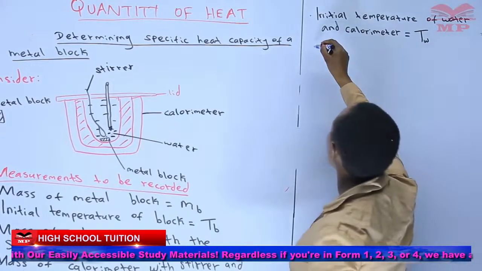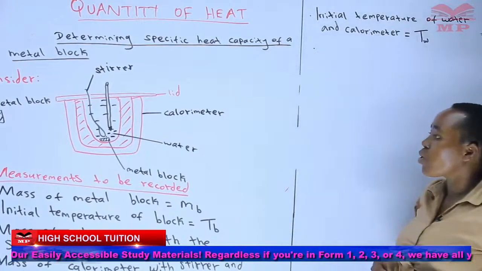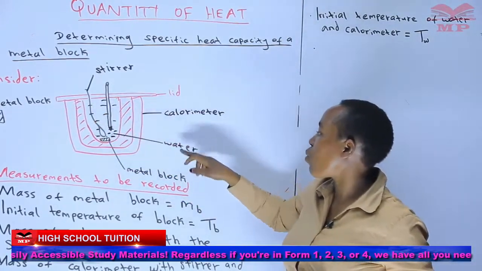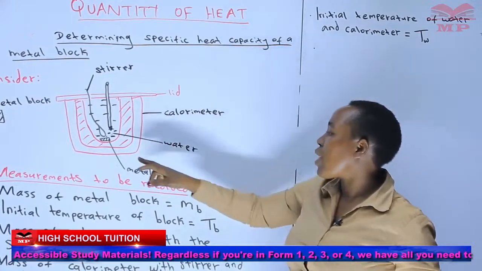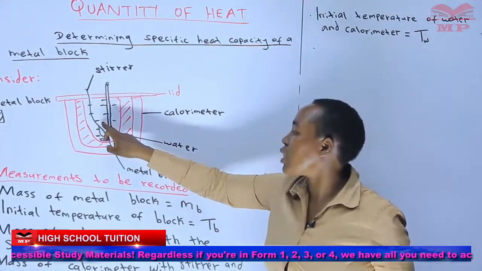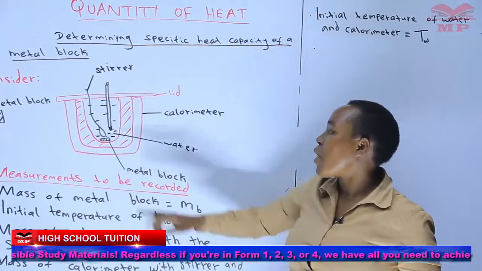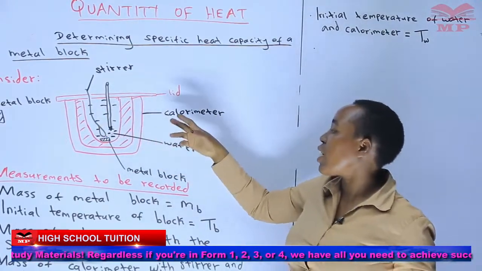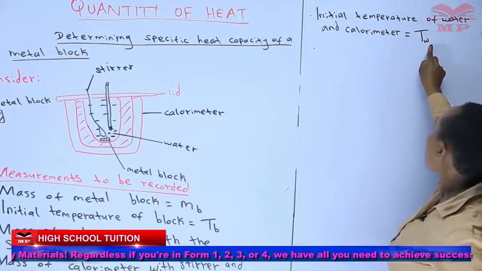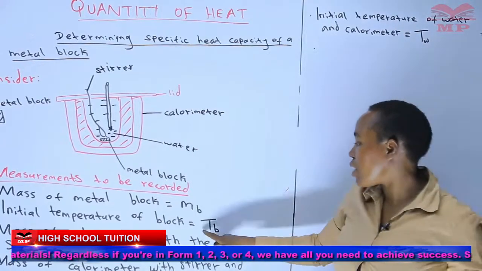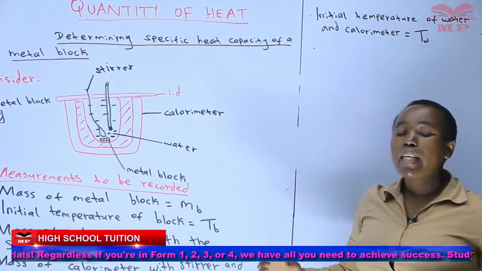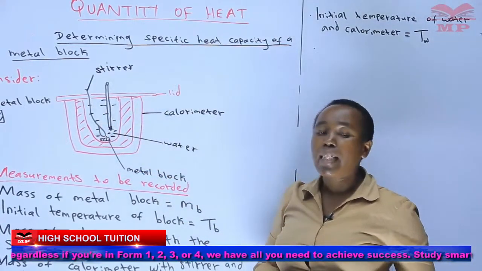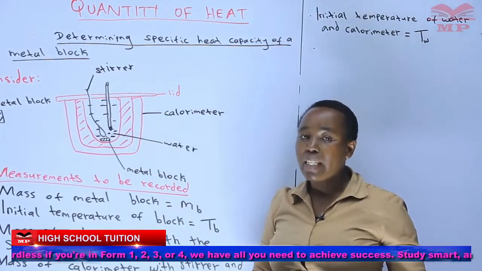We have gotten the initial temperature of the water and the calorimeter. Now, when this metal block is put inside this calorimeter, there will be a change in temperature, because the water initially is at this temperature and the block is at this temperature. When the block is put in the water, they will attain a steady temperature.